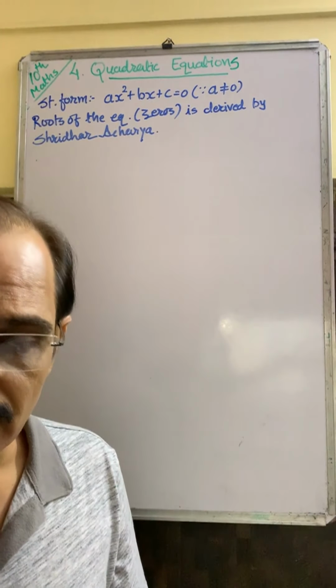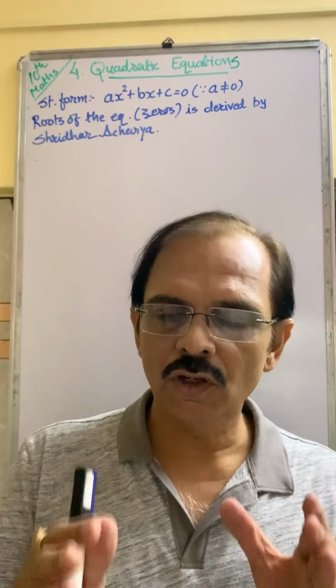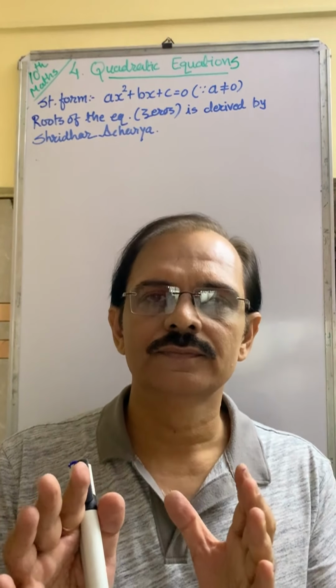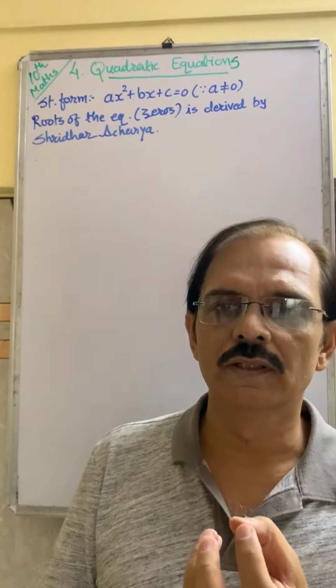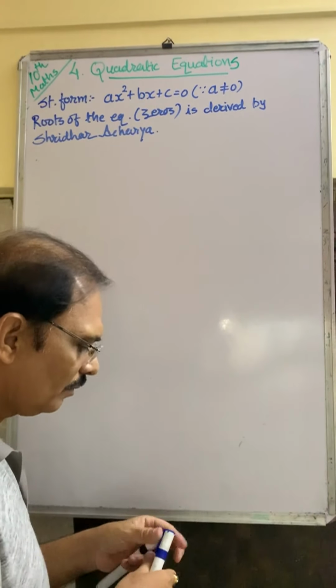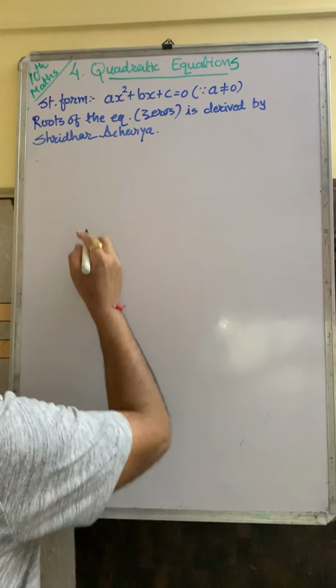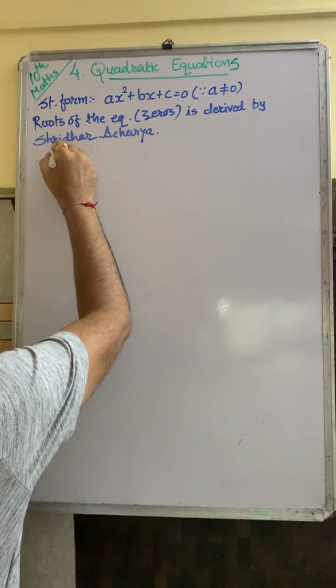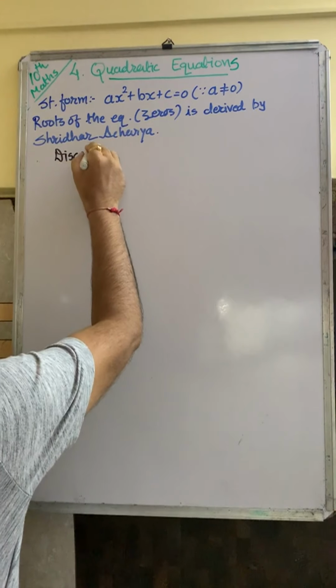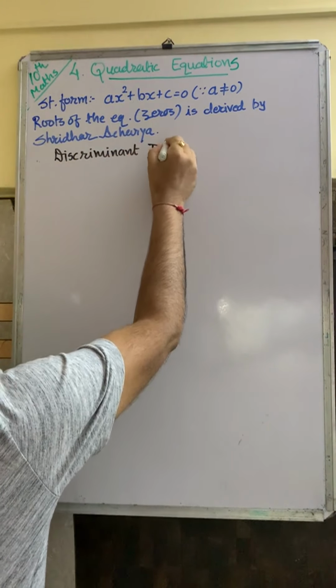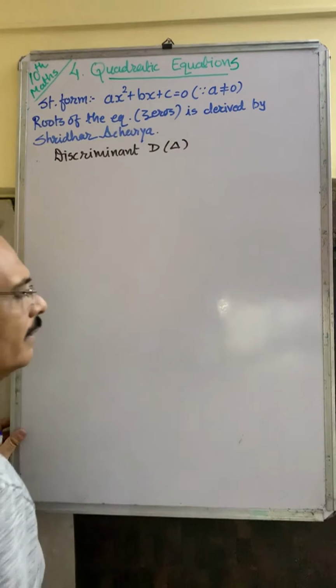In maths, discriminant means, in your language I can say, the central idea, the core portion of this. So this repeating term is known as discriminant, which is denoted as D, or sometimes it is also denoted as delta.